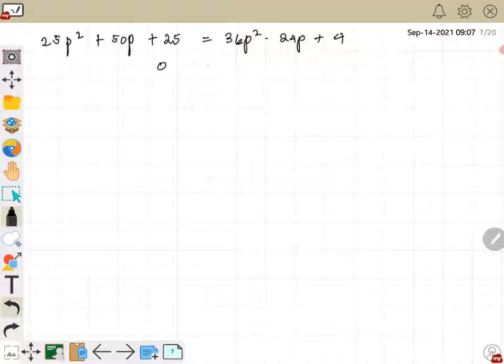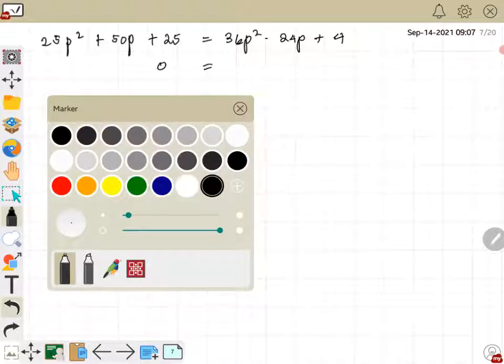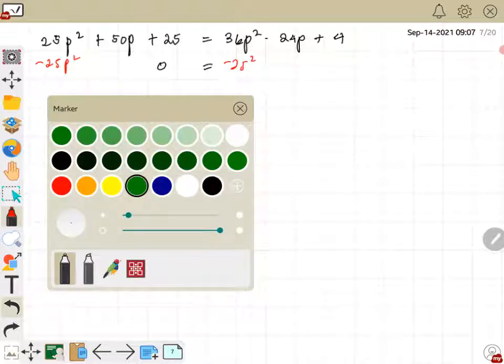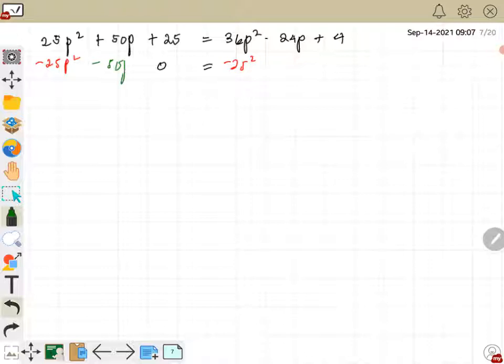So let's make the right side 0. We can do that by subtracting 25p square, also subtracting 50p, and also subtracting 25 on both sides.